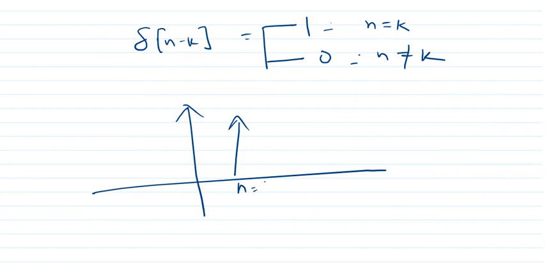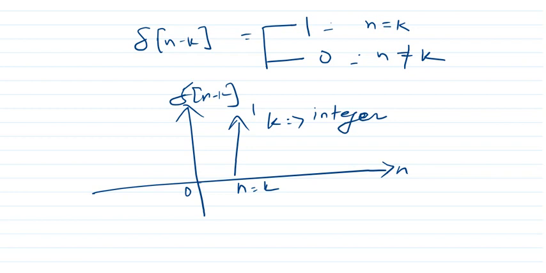At n equals k we have this impulse, delayed at n equals k, and the value is 1 only. Here k is an integer value, because it is discrete time, so k should also be an integer.